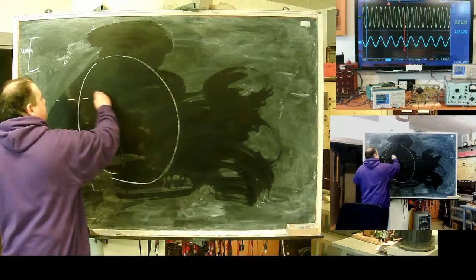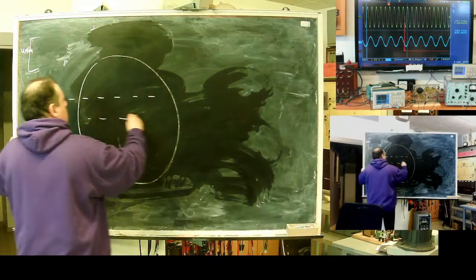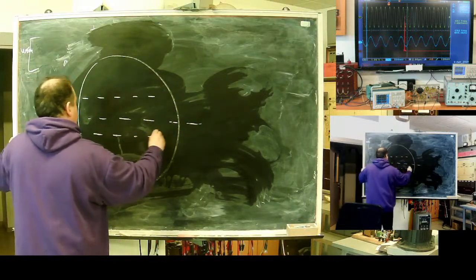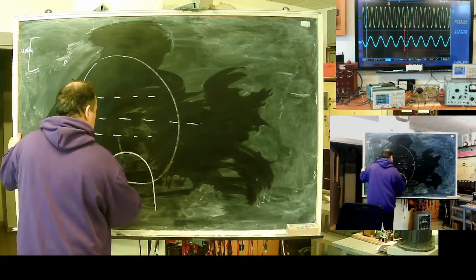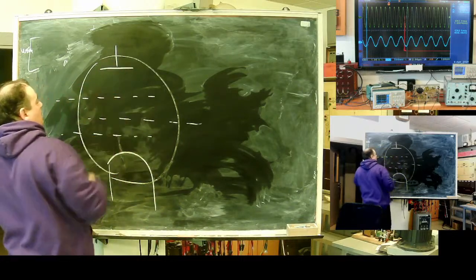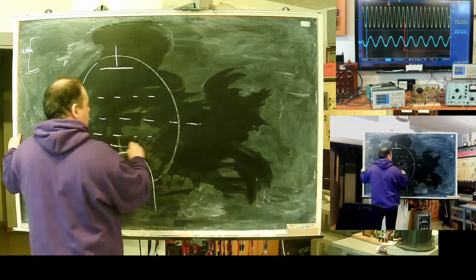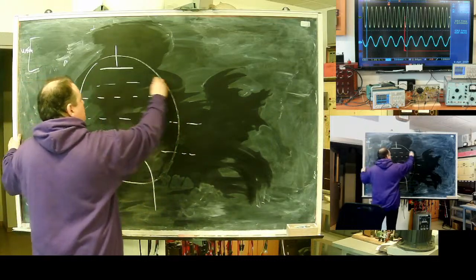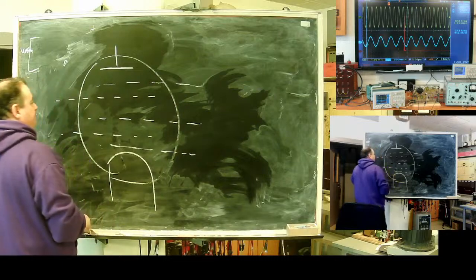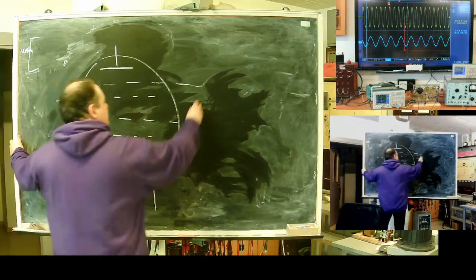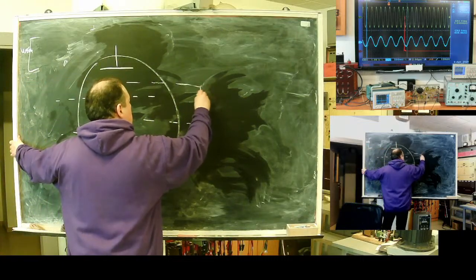Here, 1, 2, 3, 4, 5, 6, and 7. This one has 7 electrodes.